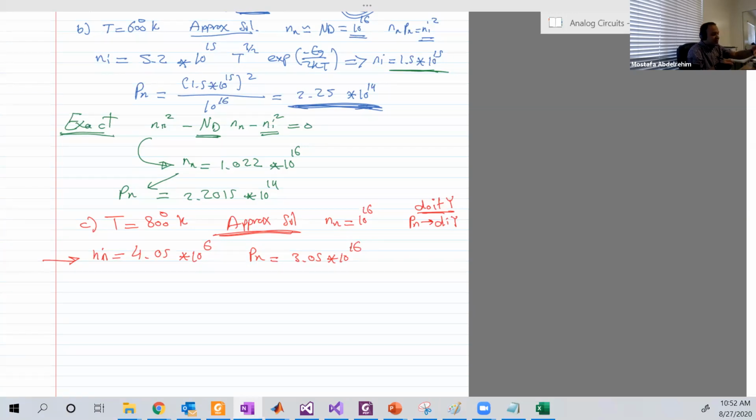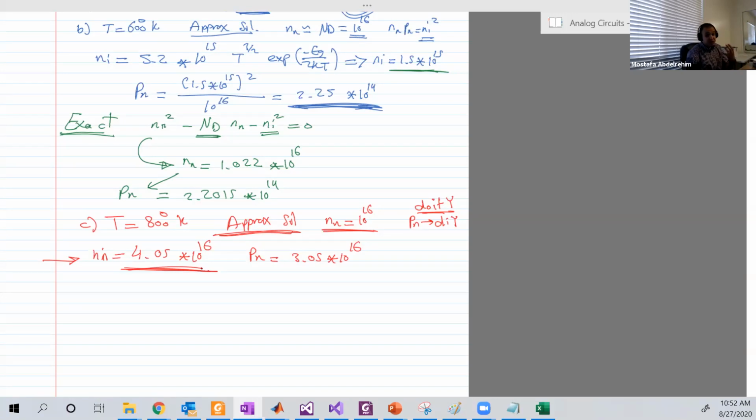Although we didn't calculate Bn in the approximate case because we need to calculate Ni, and I didn't write down the value of Ni at this temperature, but that's okay. We can just see the difference even at Nn. So Nn here is 10 to the power 16, and here it's 4 multiplied by 10 to the power 16. So it's 4 times less, right?